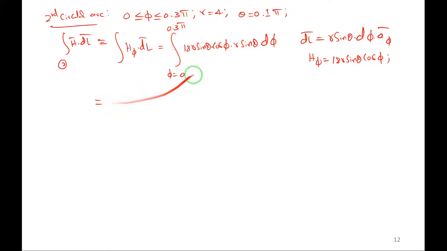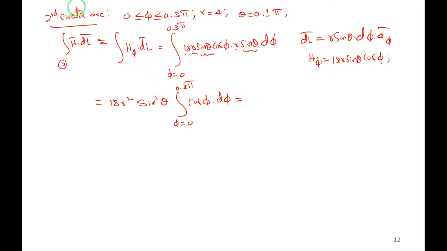Next, what can be taken out? 18 can be taken out. Then r and r square can be taken out. Then sin theta can be taken out, because with sin theta we get sin square theta. What am I left with? The integration of cos phi d phi, with phi varying from 0 to 0.3 pi.